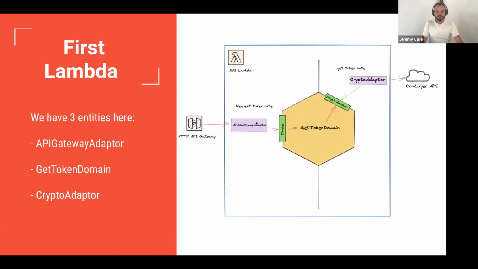We have an adapter that extracts the token name and invokes the domain with it. And the domain fetches the coin rate from an API, using an interface to manipulate and make the call to the API.